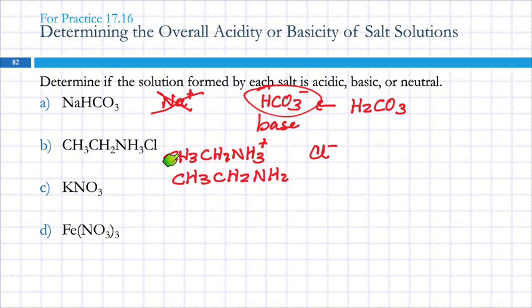Because this is a weak base, this is what? A weak acid. So this one is a weak acid. Then we have to check the other guy. What acid does that come from? HCl, which is a strong acid. So that one's going to be neutral. Okay? It's not rocket surgery, but it can be really confusing.